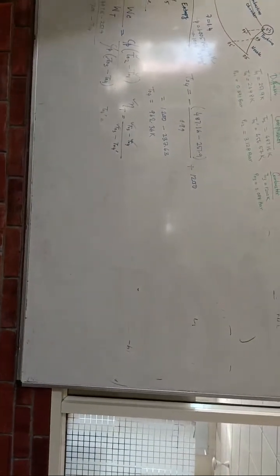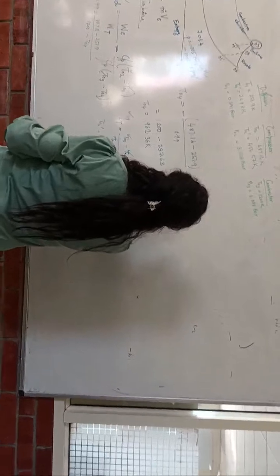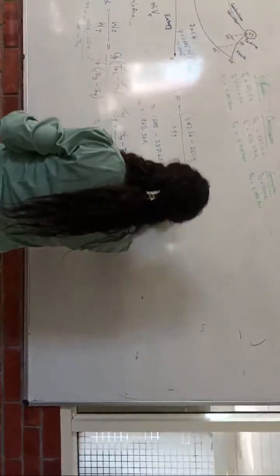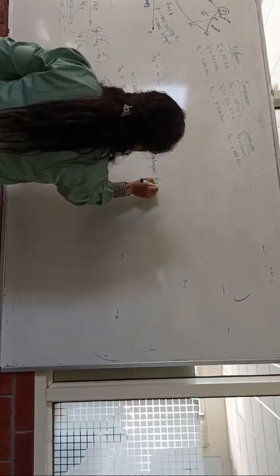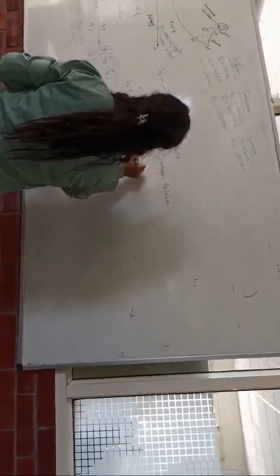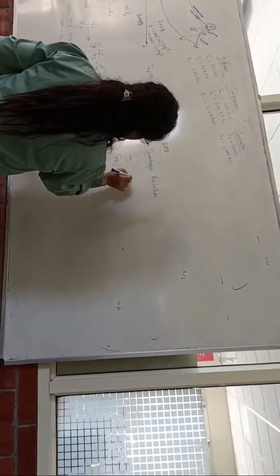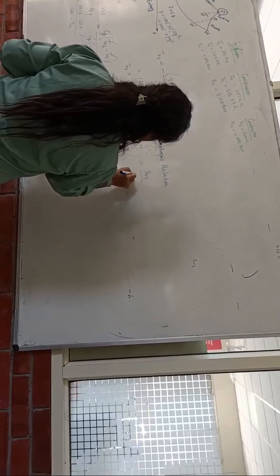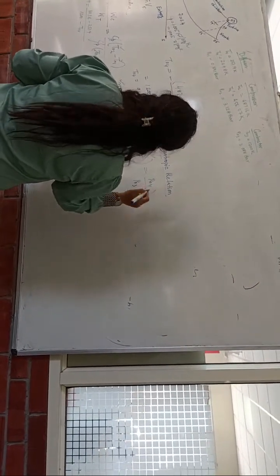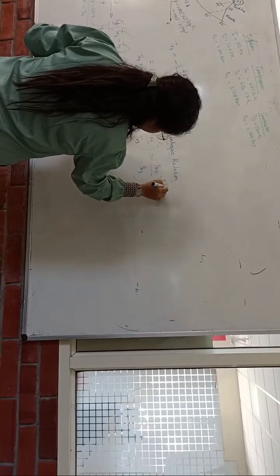T3 is again known. Now can we find the T0 4 prime value? Now similarly we can find the pressure as well. How? We have to utilize the isentropic relation. T0 4 prime by T0 3 equals P naught 4 by P naught 3 to the power gamma minus 1 by gamma, where gamma value is constant. So I'm directly writing the 0.286 value.